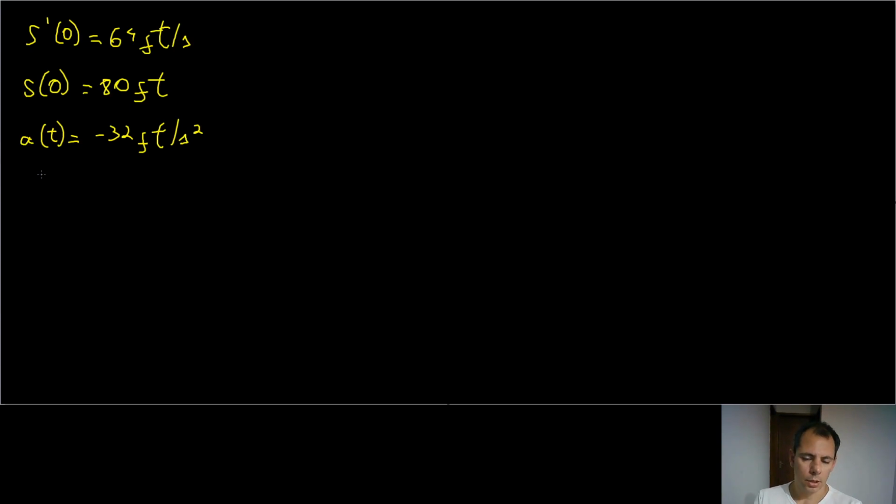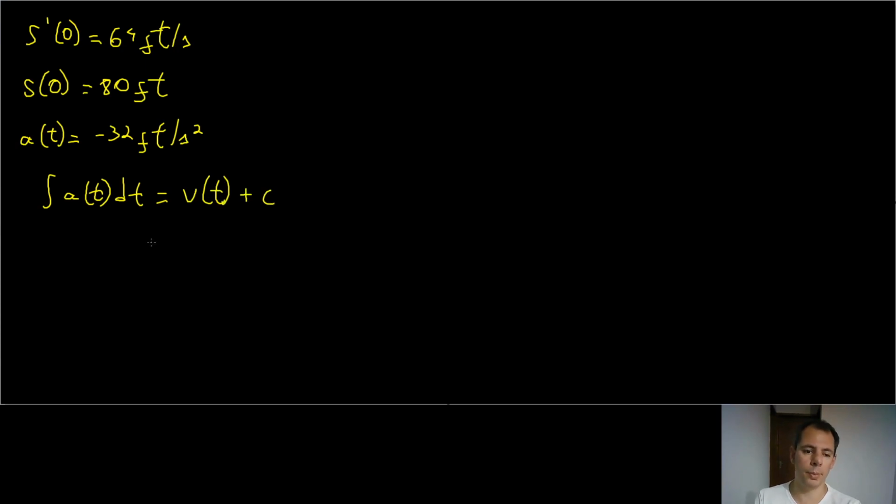All right, so let us see this again. Find a position function given the height s as a function of the time t. So what it wants is s of t. What is this equation? Well, we have to find v of t. We have to integrate a of t with respect to t, so we can find v of t, plus c.